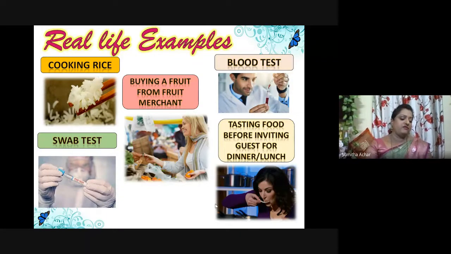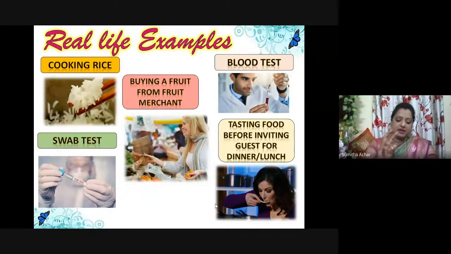In day-to-day life, we all make use of sampling decisions: cooking rice, a swab test, buying grapes or a fruit from a merchant, tasting recipes before you serve them to anybody at your home or to a guest who visits, or a blood test. In all these cases, we use a process of sampling.